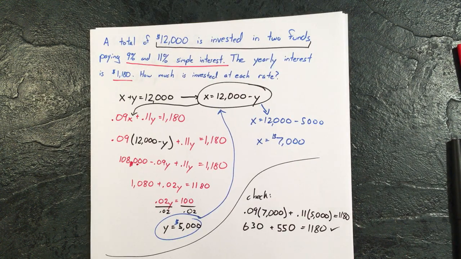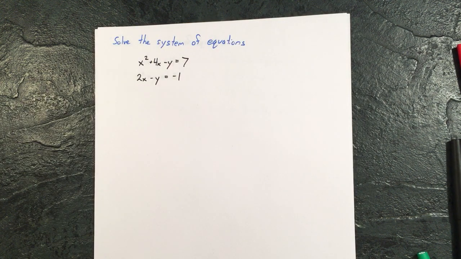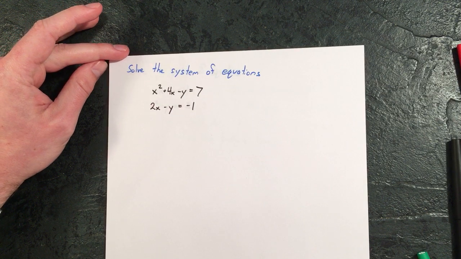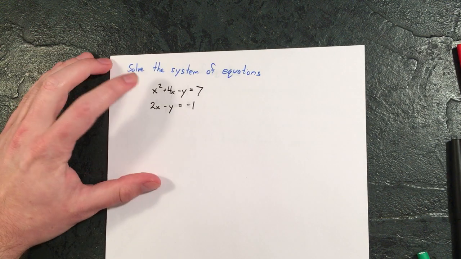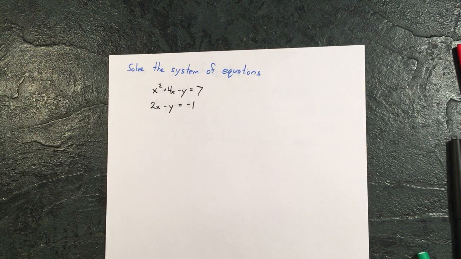Okay, most of the way through this section already, since hopefully this is just a repeat of things you've seen before. Let's look at another system of equations, but this one's slightly different compared to the ones we've just been looking at. Hopefully everyone can identify that the big difference here is going to be that x squared term up top. Everything else we've been doing had been purely linear.